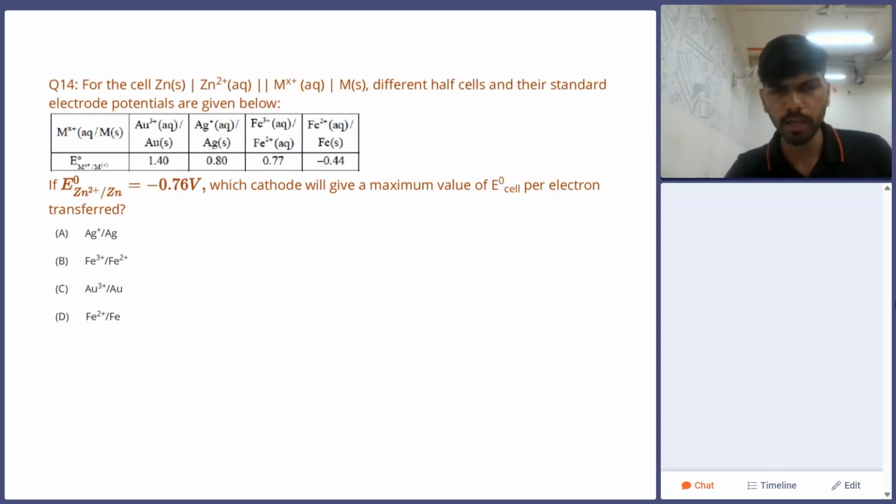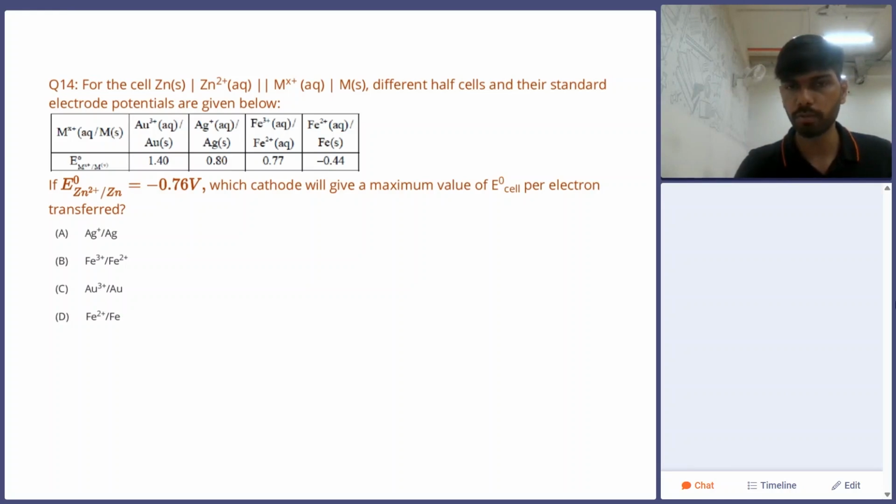Next, for the cell with Zn2+, Mx+ and different half cells and their standard electrode potentials, already mentioned here. E naught of Zn2+/Zn is minus 0.76 V. Which cathode will give the maximum value of E naught cell per electron transferred? How do we approach this question?